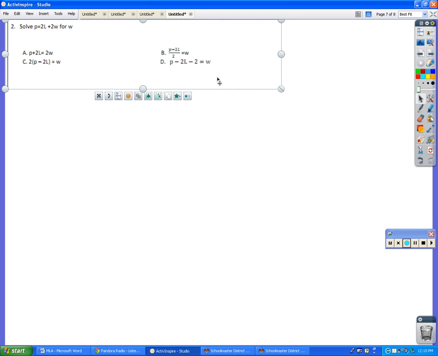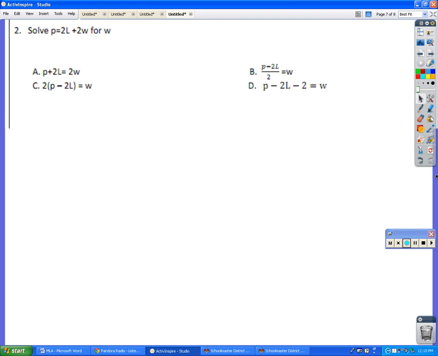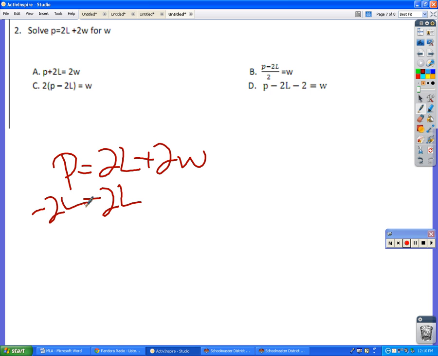Okay, next one, same kind of deal, but now it's a little bit more complicated to start with. I have P equals 2L plus 2W, and I want to solve that for W. What do you want to do first? Subtract the 2L. Why? Because I'm trying to get the W by itself, and the 2L is on the same side of the W, so I need to get rid of it by subtracting.